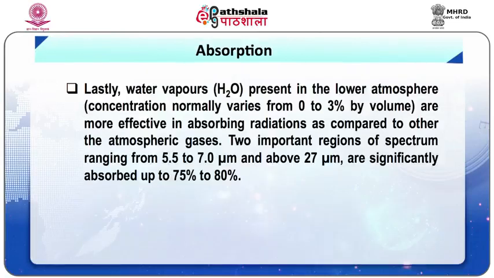Lastly, water vapor present in the lower atmosphere is more effective in absorbing radiation as compared to the other atmospheric gases. Two important regions of the electromagnetic spectrum, ranging from 5.5 to 7 micrometer and above 27 micrometer, are significantly absorbed, up to 75% to 80%.